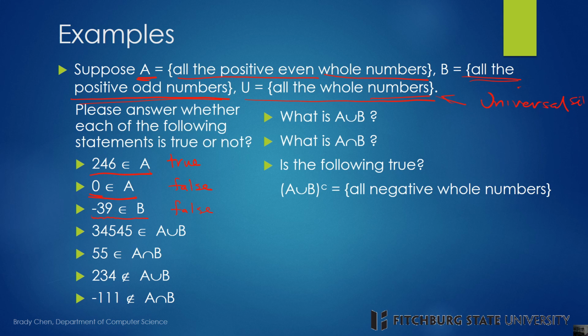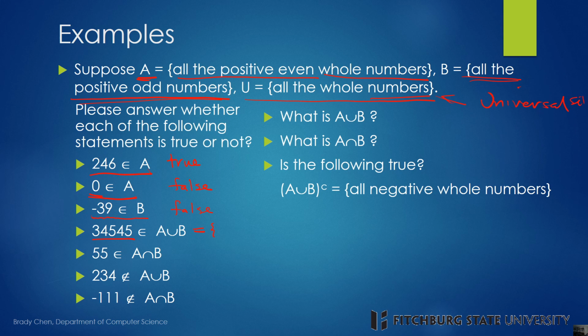Now, let's take a look at this. 34,545. Looks like that's a whole number. Does the number belong to A union B? Now, what is A union B? We need to figure it out. A is all the positive even whole numbers. B is all the positive odd numbers.